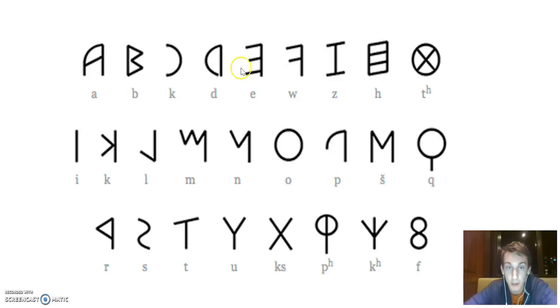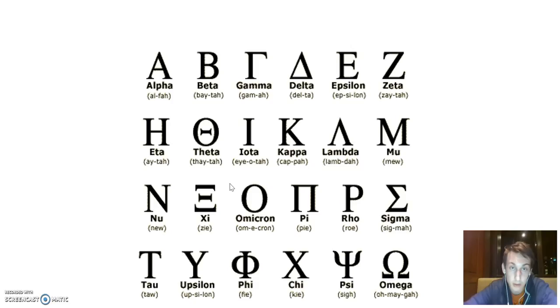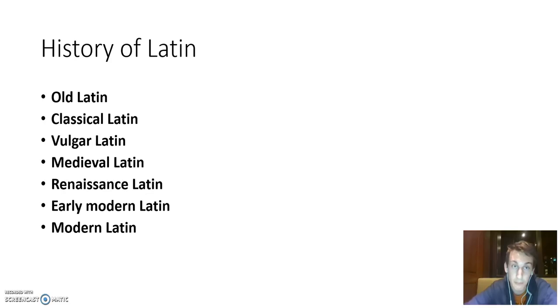We have the O letter and, for example, K and L here. And this is the Greek alphabet. As you may see, this also looks like the Latin alphabet, and it has many similarities with it.